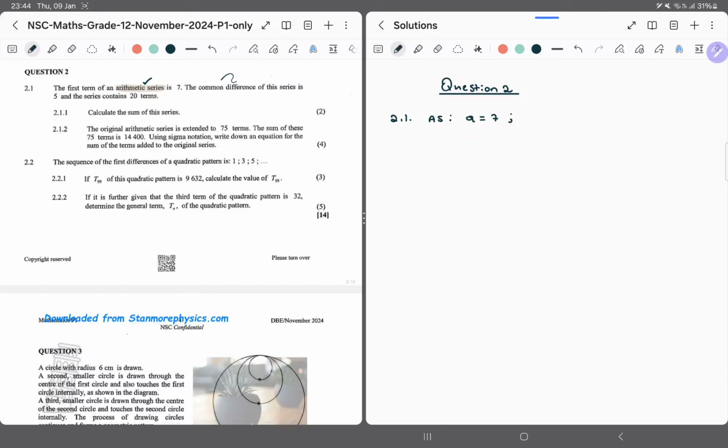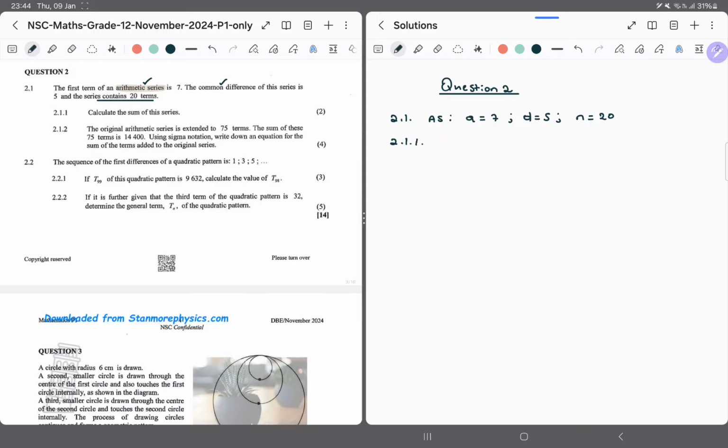And the common difference of this series is 5. So we know D is 5. And the series contains 20 terms. So we know that N is equal to 20. So this is good.